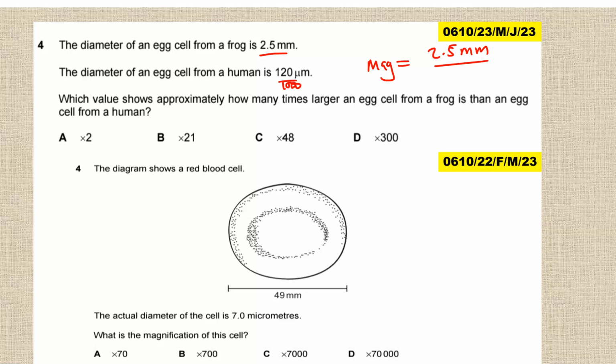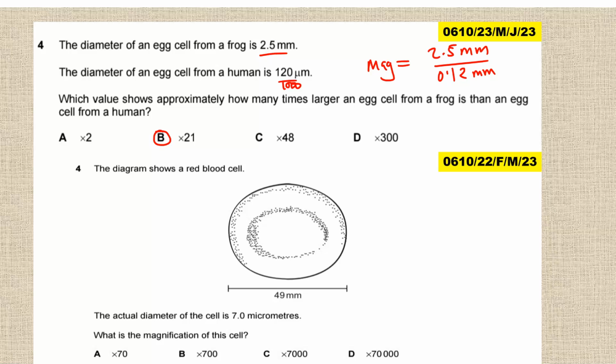So 120 divided by 1,000 is 0.12 millimeter. Then 2.5 divided by 0.12 gives me 20.8, which is 21 if we approximate. So the answer is B.